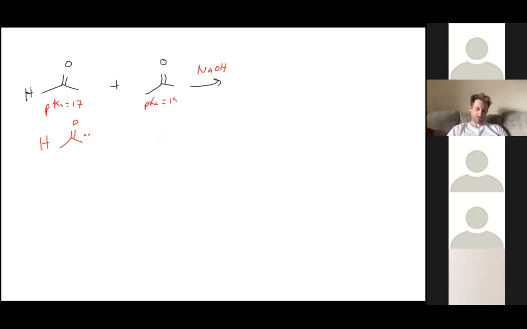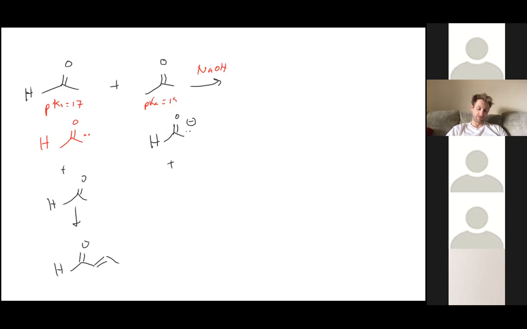So now we're only going to get 2 products. This can either interact with itself to give us a product, or it can interact with another equivalent of the ketone.